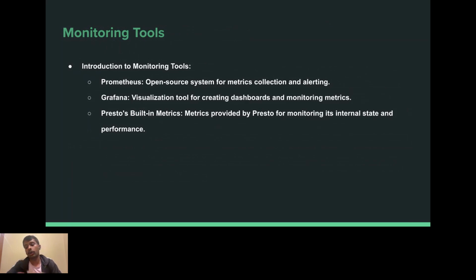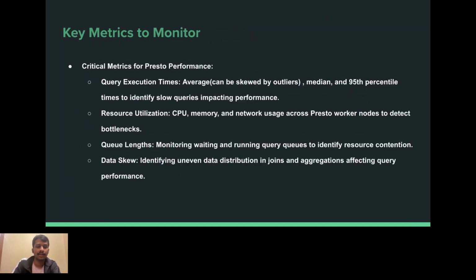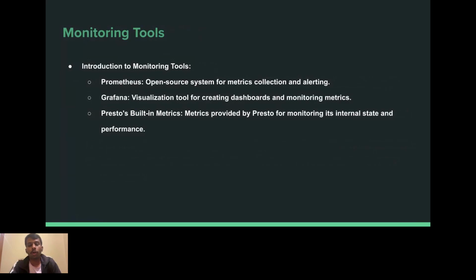Once you have the whole collection of metrics, not all of them are going to be available at a single place. At some point you will find two or three types of metrics in the same place, but at some point you don't find all of them in the same place. So to get all metrics in the same place, you can use Prometheus for metric collection and also for alerting regarding metrics.